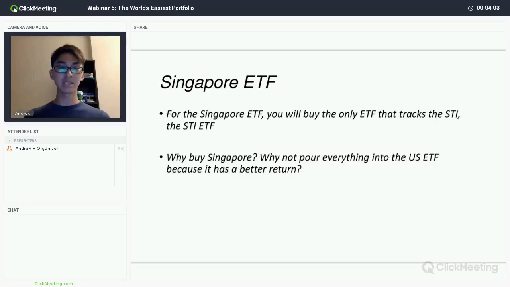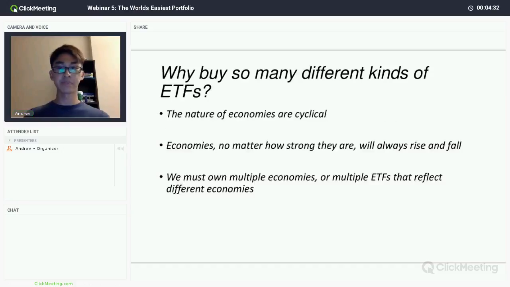We want to buy an ETF that is based in our own country, and when we sell it, we can get local currency. In this case, we will not be affected by currency fluctuations. And in any case, the Singapore ETF does follow closely and performs in tandem with the US ETF's performance because Singapore's economy is very tied and linked with the US economy. So the Singapore ETF is the third thing that we must buy.